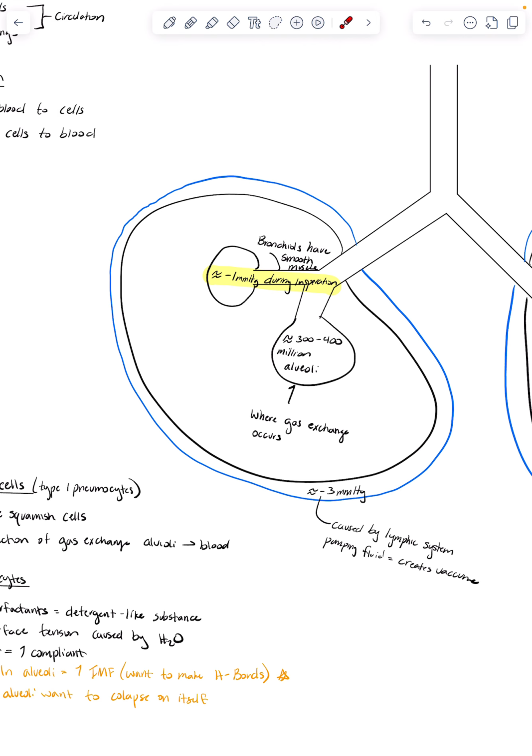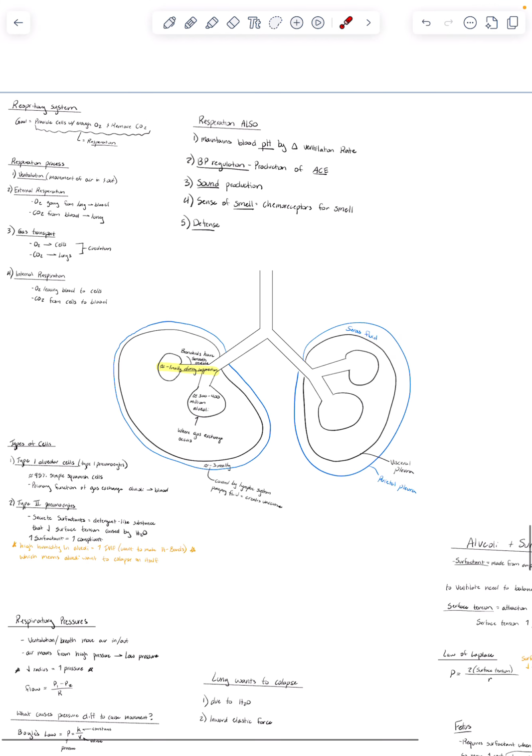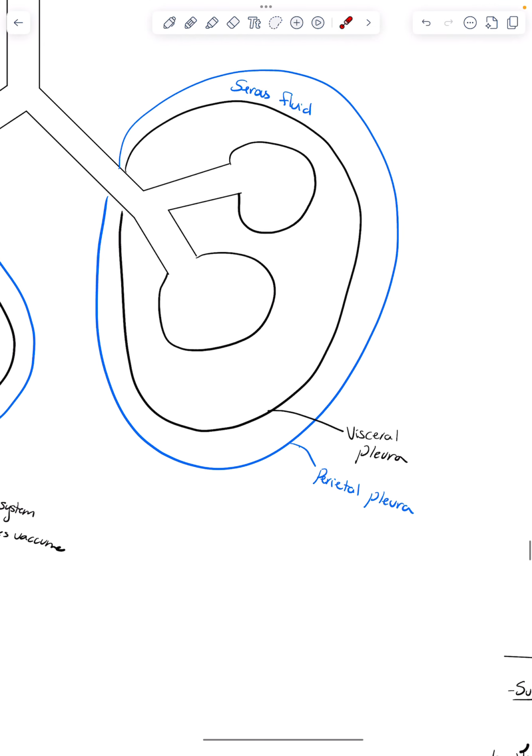A pneumothorax is kind of interesting. A pneumothorax is when you get air within this space, when there's a hole or rupture, either a GSW, gunshot wound, stabbing, whatever it may be. You get air in here, and then your lung will collapse.